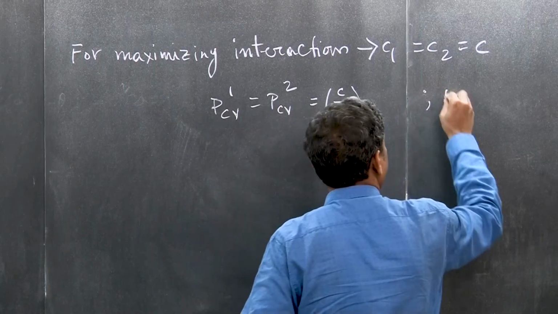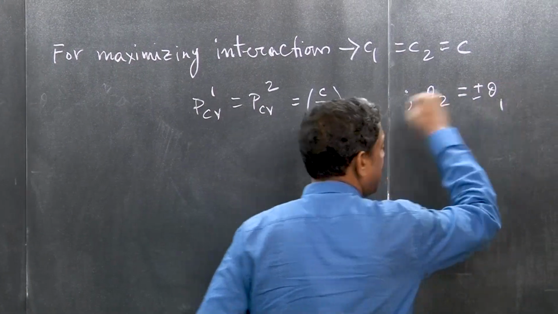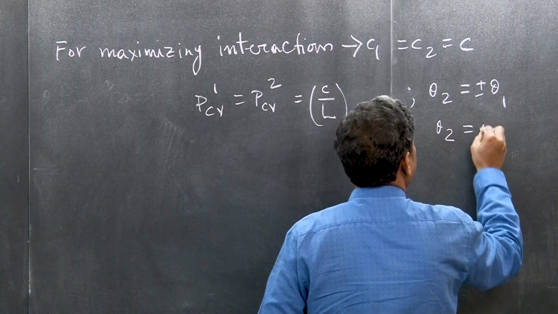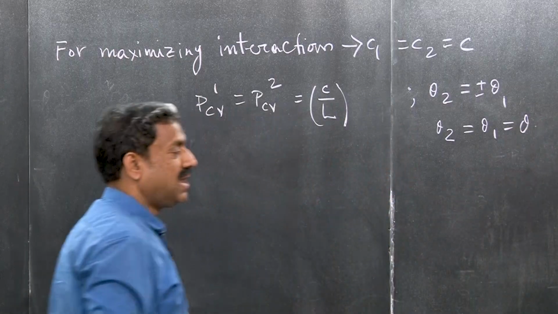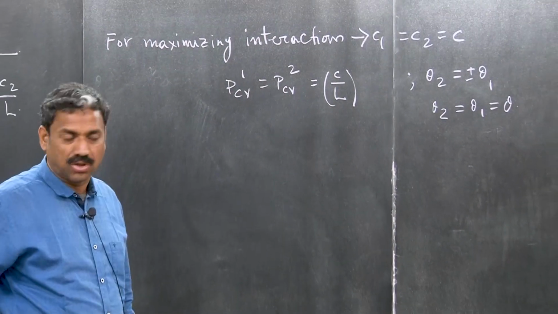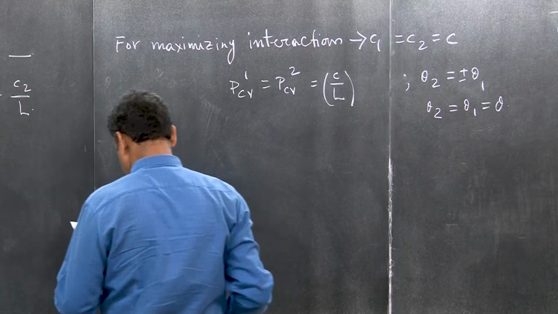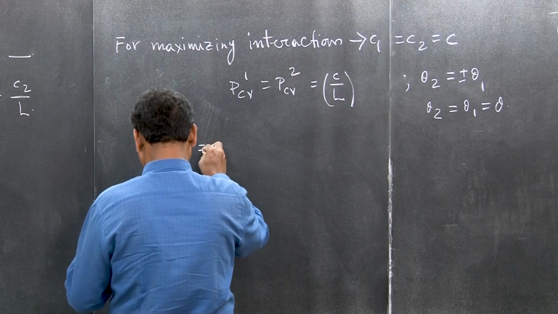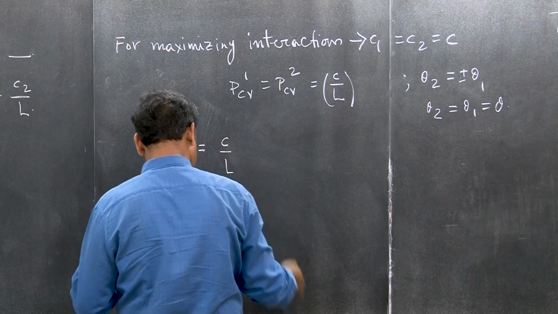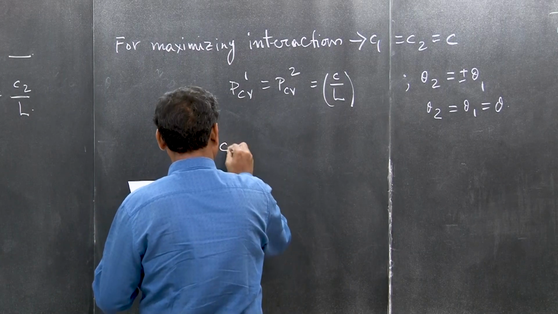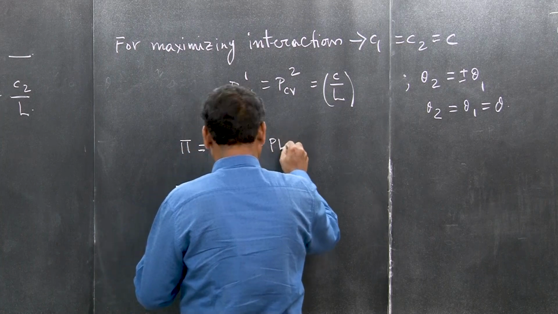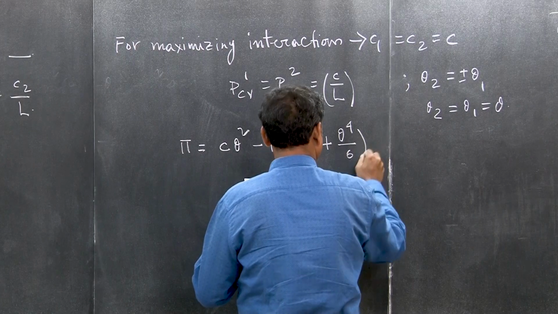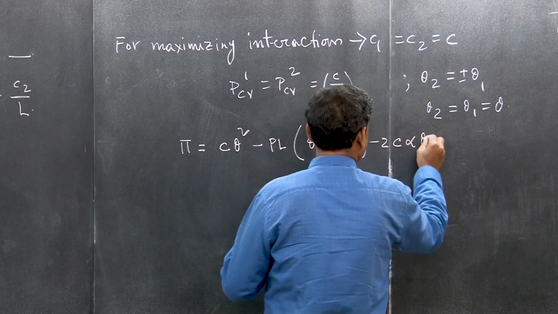theta 2 I have written as plus or minus theta 1. Let us consider theta 1 equal to theta, okay. So, I am assuming theta 2 equal to theta 1 equal to theta, okay. If you assume theta 2 equal to minus theta 1, that is also fine, okay. Then if you substitute, the potential energy expression will be C theta square minus PL theta square plus theta 4 upon 6 minus 2 C alpha theta, okay.